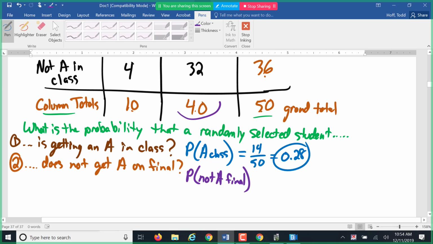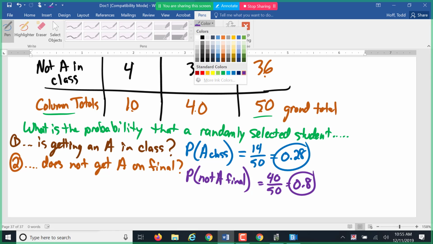When we look up here, there's 40 students who will not get an A on the final out of that 50 grand total. So that's 40 out of 50, or a 0.80 probability. So notice in each of those, we used a row total or a column total, along with the grand total. Well, let's make it a little bit more complex.